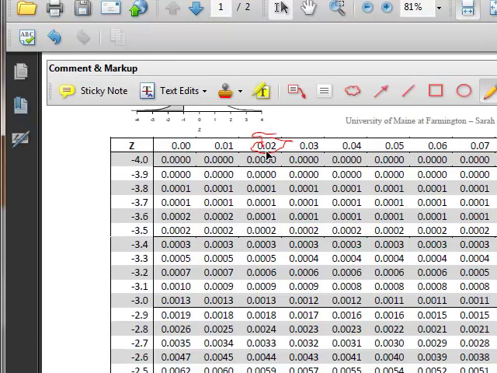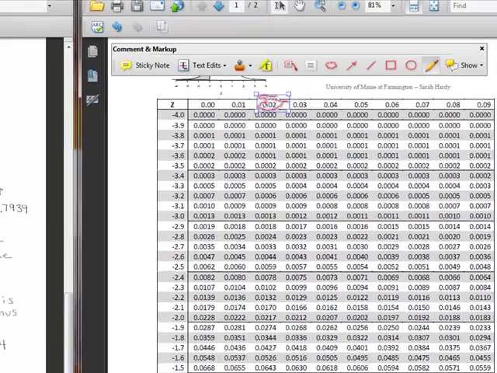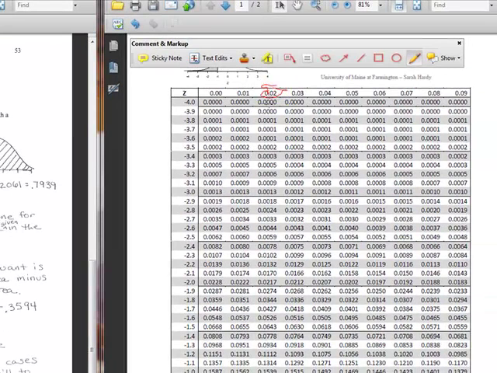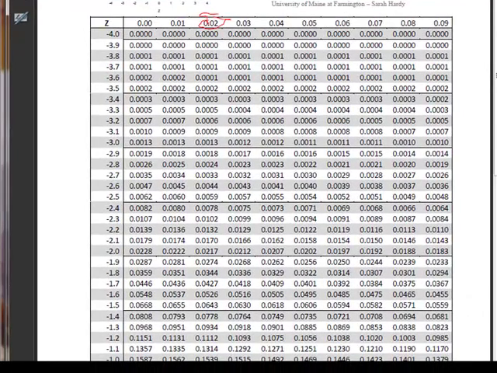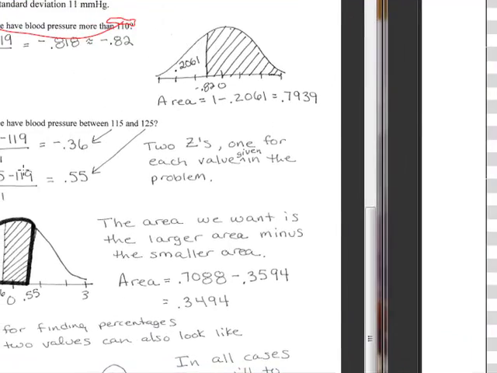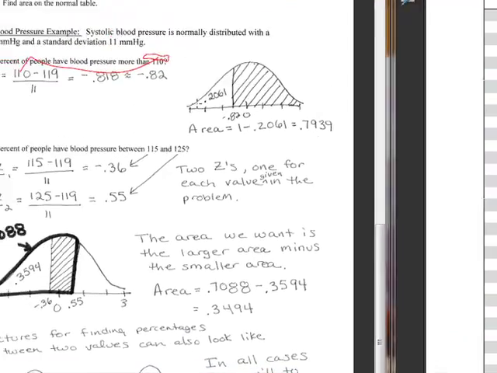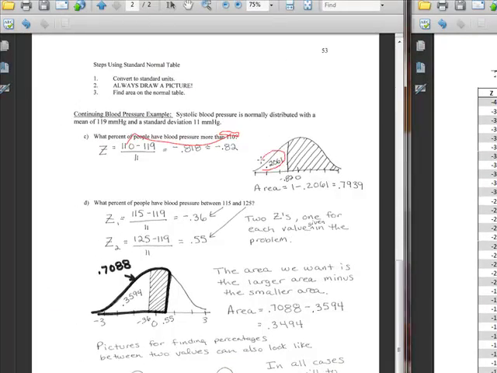So the number we want is 0.2061, and that is this area over here that's not shaded.